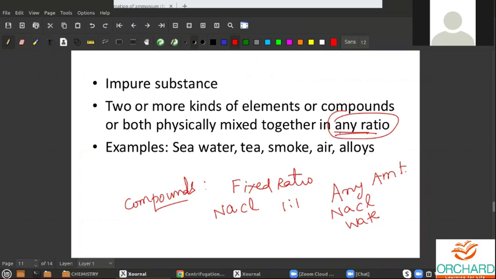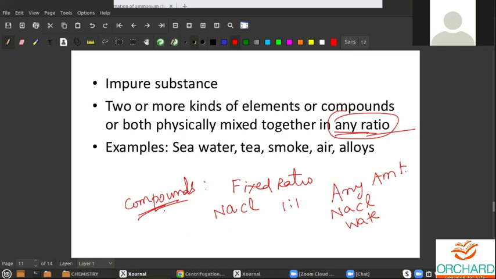Suppose if you add sugar, sodium chloride and water, then it is a mixture. After that, you can categorize it as a homogeneous mixture. But compound contains a fixed ratio. Mixture contains any ratio. Are you able to understand this?